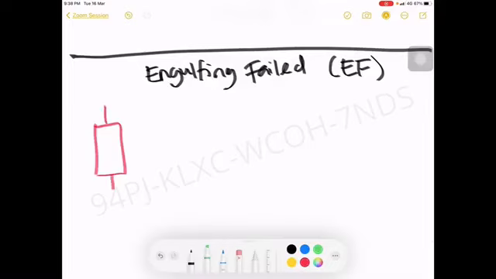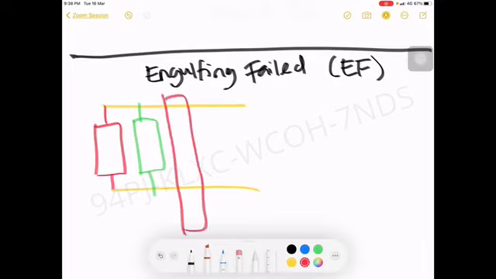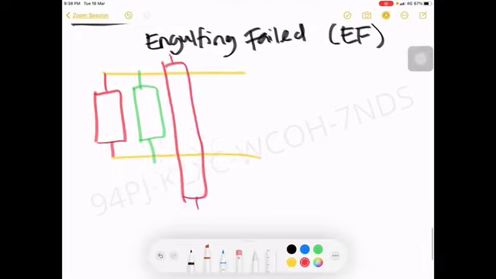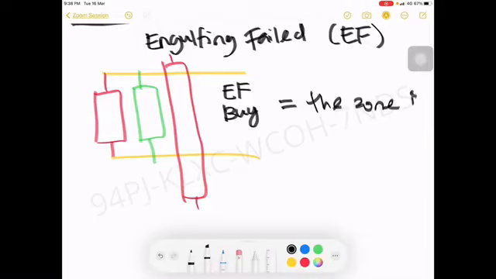But what happened is that when the price comes back to that zone, that's what happened. So this is engulfing fill. Buy means that the zone is for sell.